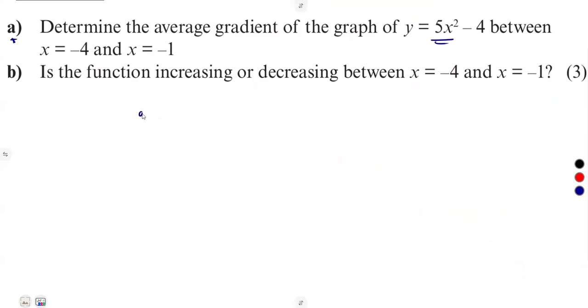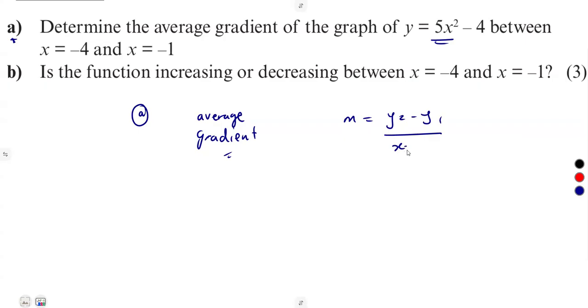So like I said, in order for you to determine the average gradient, which we are going to use the letter m, is simply the change in y over the change in what? Over the change in x, y2 minus y1 over x2 minus x1.